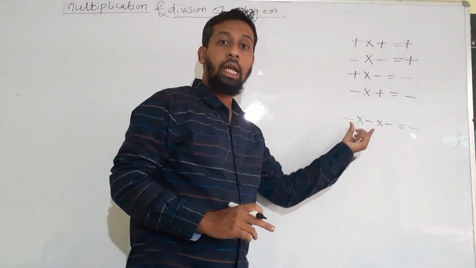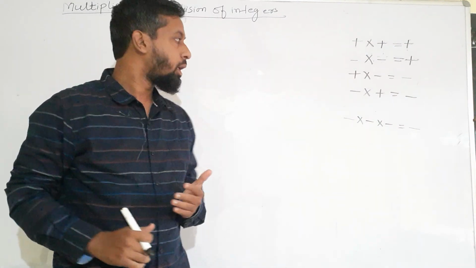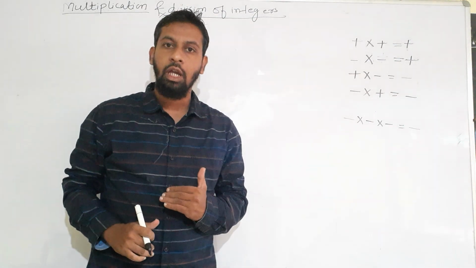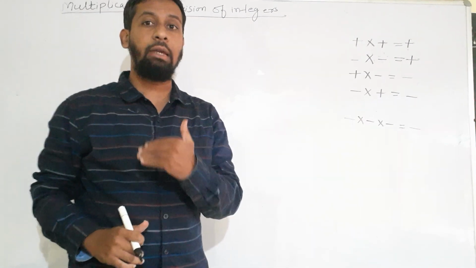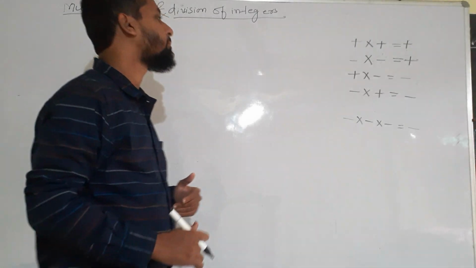If you multiply plus any number of times, you will get plus only. But when you multiply minus odd times, you will get the result as minus. If you multiply minus even times, you will get the result plus. Keep in mind.